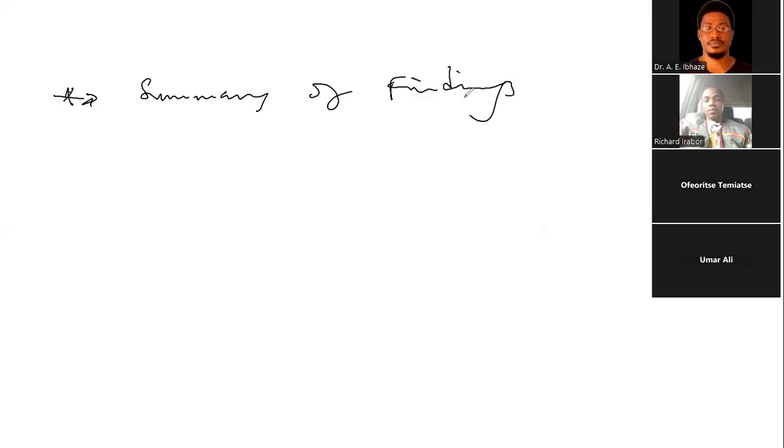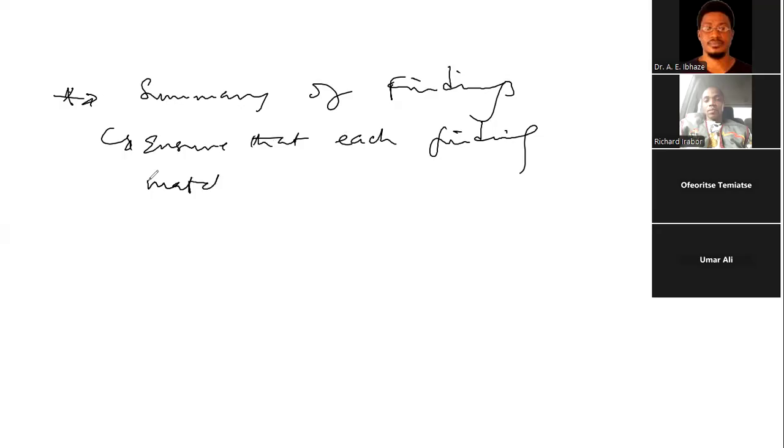Now, recall that we started this chapter with the objectives, and now we are going to end it with the objectives, right? So you want to ensure that each finding matches an objective. So it means if you have 3 objectives, you should have 3 findings.